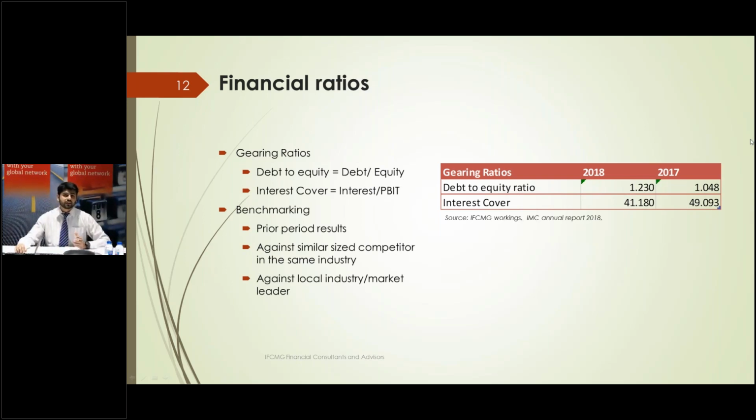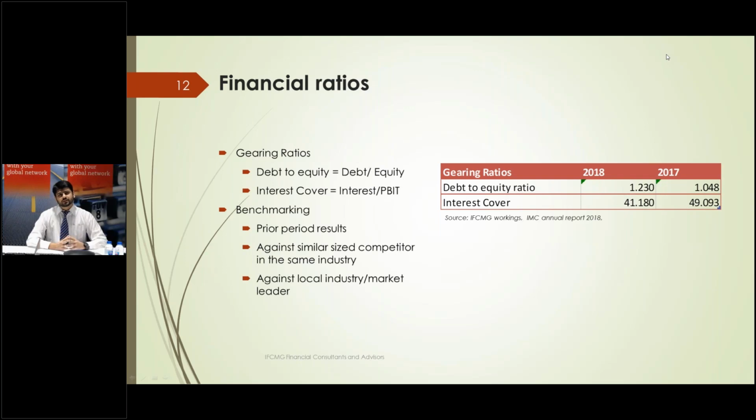And finally, a very critical part of ratio financial analysis is benchmarking, because reviewing information in isolation is not a good idea, because we don't have anything to compare it against. So for benchmarking, we have many criteria. I've just listed a few here that we'll be discussing in more detail as we move on.